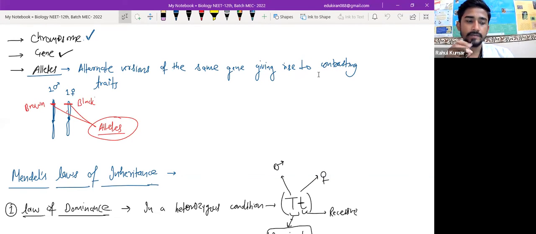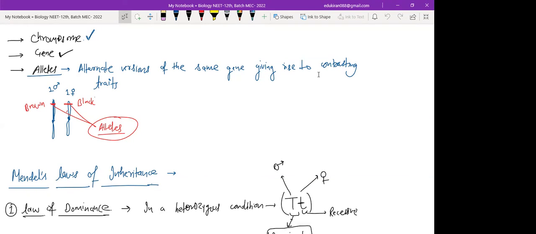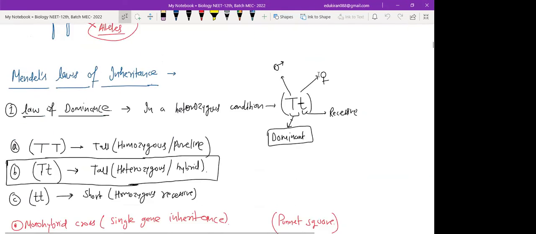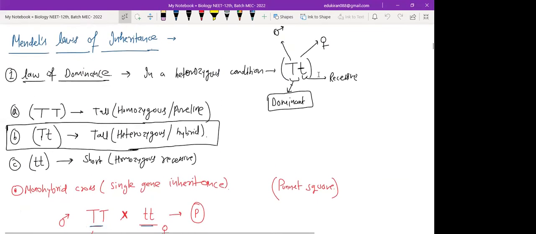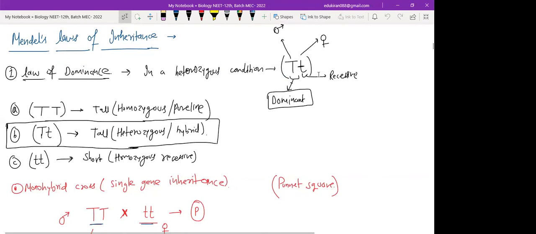And what were alleles? They are the alternate versions of genes, and they give rise to contrasting traits. Yes. And then we discussed the law of dominance, which is present in a heterozygous condition.